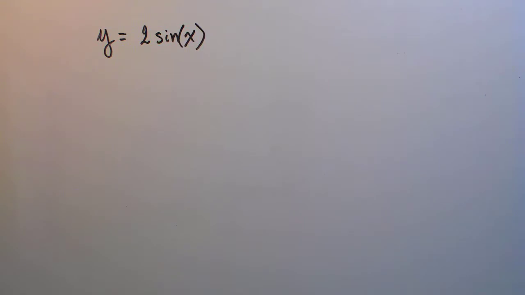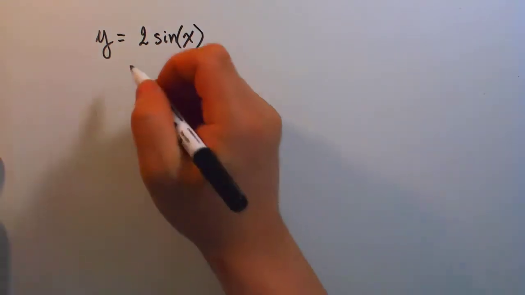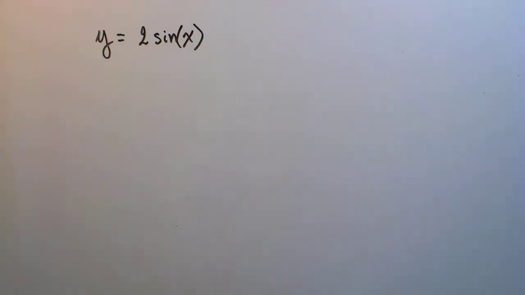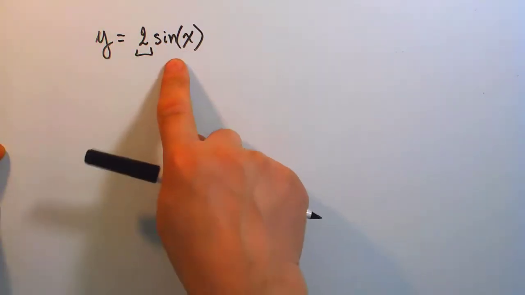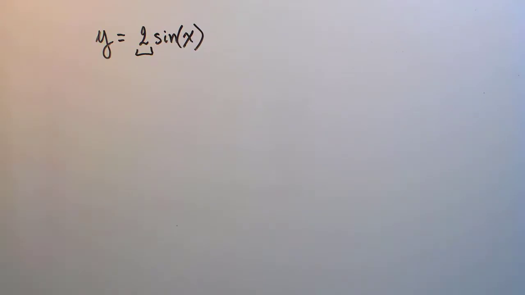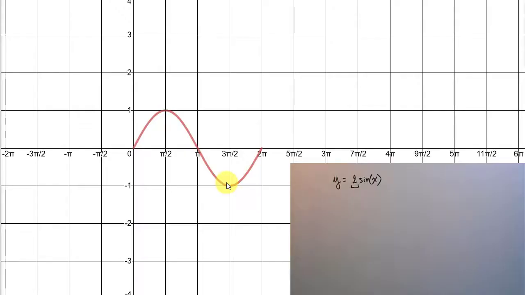What we notice here is that we have a coefficient positive 2 multiplied in front of our sine of x. Still having my original sine of x here, my function 2 sine of x is now in blue.